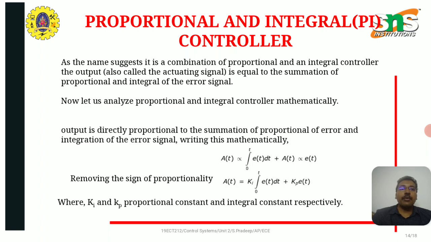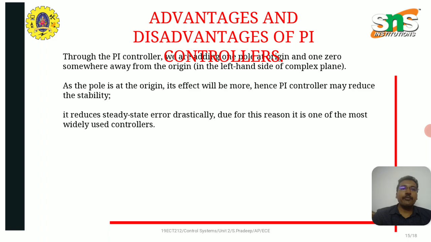Output is directly proportional to the summation of proportional of error and the integration of the error signal, writing this mathematically, a of t is directly proportional to integral 0 to t of e of t dt plus e of t. Removing the sign of proportionality, a of t equals ki integral of 0 to t of e of t dt plus kp e of t, where ki and kp are the integral constant and proportional constant respectively.